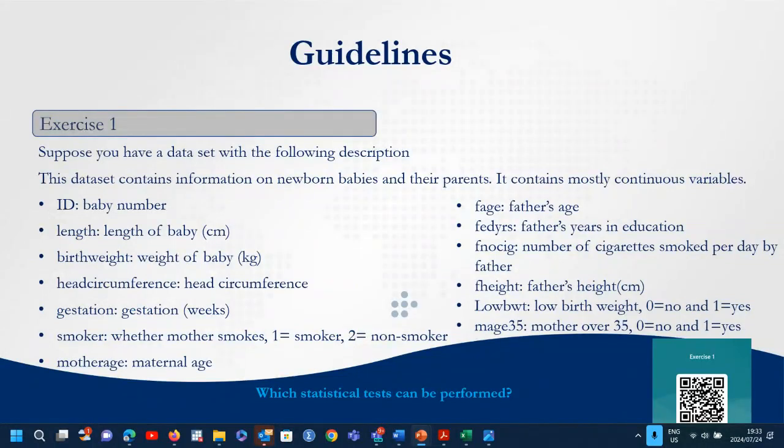Can I kindly ask you to complete exercise 1? This data is about mothers. It's got the attributes of the mothers. It's just after birth, newborn babies and their parents. The baby will have an identifier.